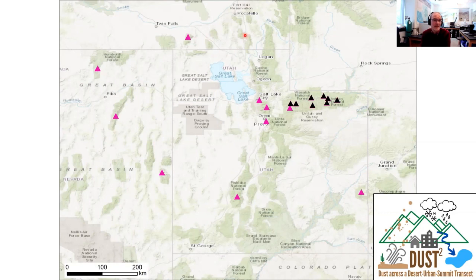These sites were partly selected to create this type of spatial distribution to give me the chance perhaps to intercept dust coming from the west and the southwest before it interacts with the urbanized areas in northern Utah.